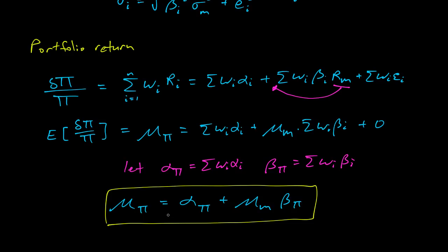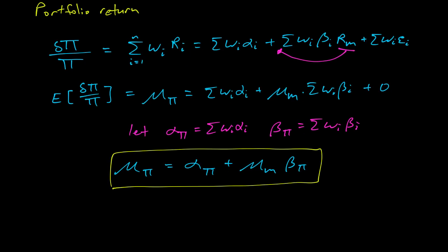So by just knowing the alphas and betas of all our assets, we can figure out the return of our portfolio. And you can do similar math to calculate the standard deviation of return too. That'll be some other formula. And by knowing just the alphas and betas of every asset, we can figure out the optimal risk-return trade-off for our portfolio. So that's the capital asset pricing model. Pretty cool.